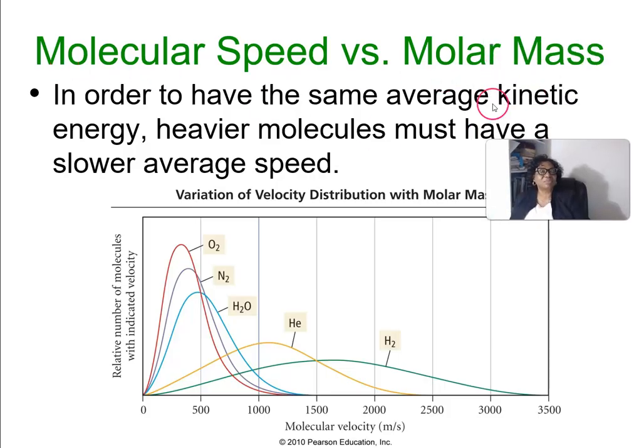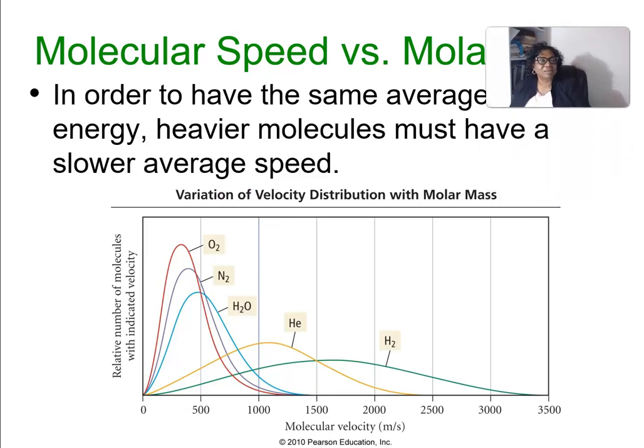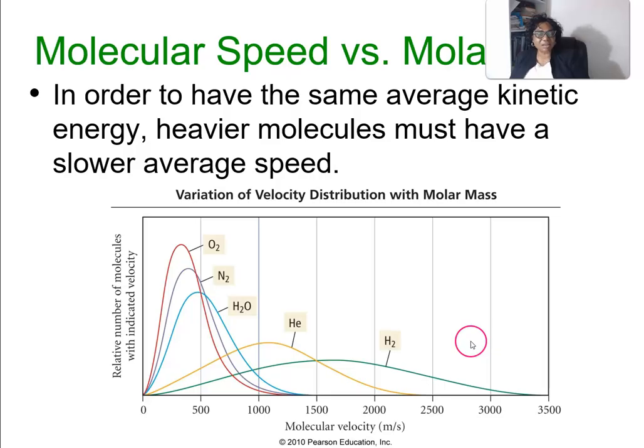In order to have the same average kinetic energy, heavier molecules must have a slower average speed. So you can see that. Look at these lighter gas particles. See how they can speed up. See, all of them, look at their speed, molecular velocity.